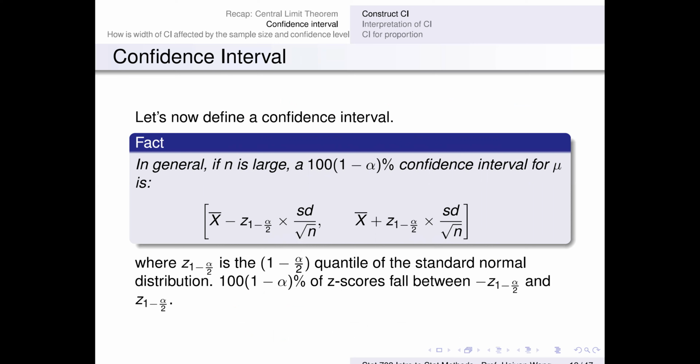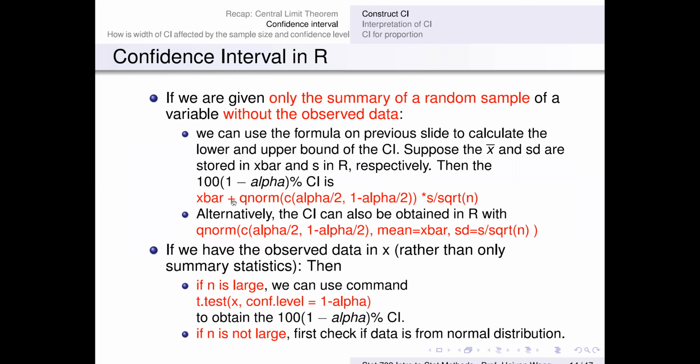The 1 minus alpha over 2 percentile is the opposite of the alpha over 2 percentile. So basically, this left-hand side, negative z with 1 minus alpha over 2, is simply z of alpha over 2 percentile. That's why we can use this plus sign and then put the alpha over 2 to get the quantile. And the other side is the 1 minus alpha over 2.